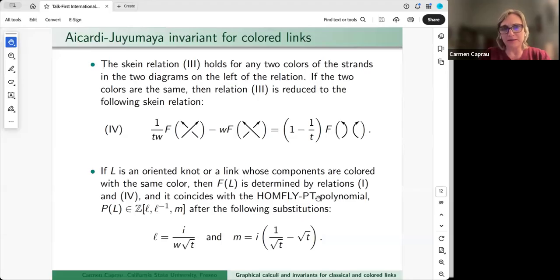So the Aicardi-Juyumaya invariant is an extension of the HOMFLYPT polynomial, and they extend it to colored links.